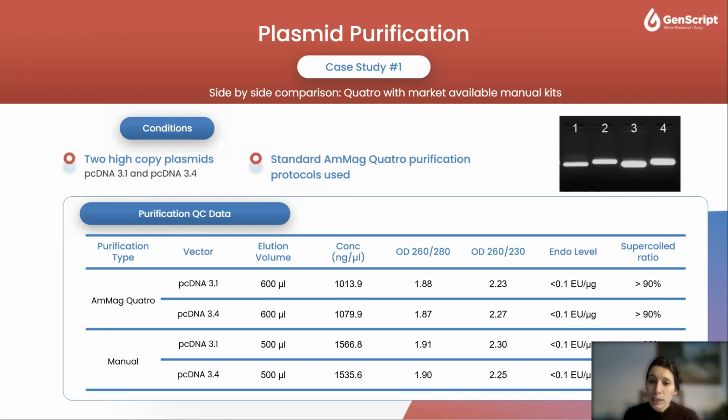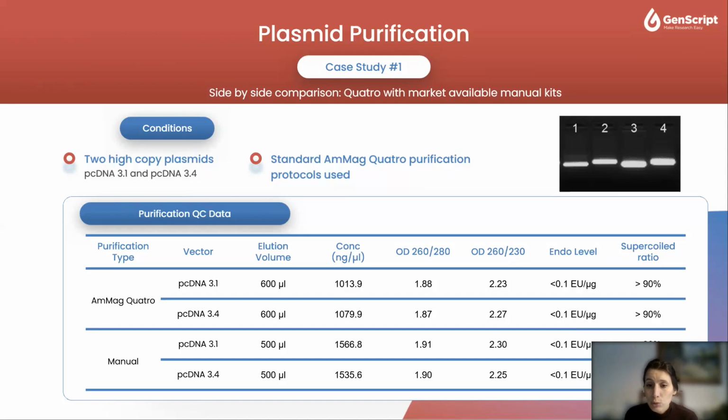The very first case study that you're seeing compares the AmMagQuattro's performance next to market available kits. In this particular scenario, we ran 2 different plasmids and we eluted with different volumes. Overall, you can see that the AmMagQuattro concentration was about 1,000 nanograms per microliter, and the manual concentration was about 1,500 nanograms per microliter.